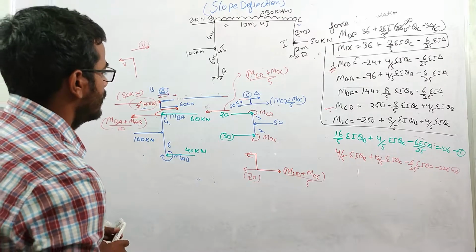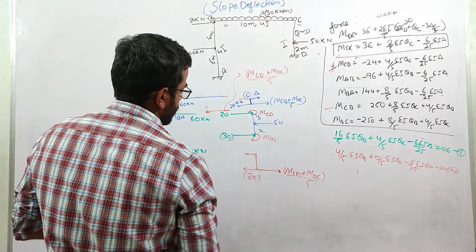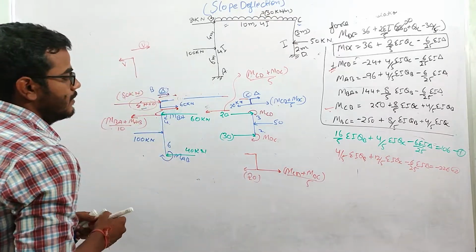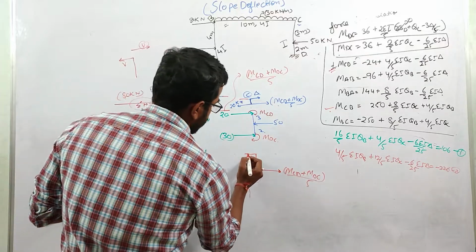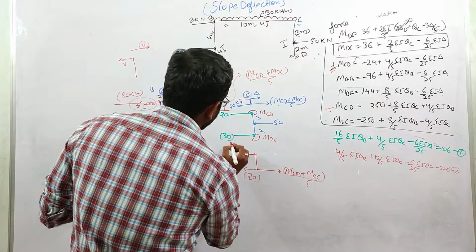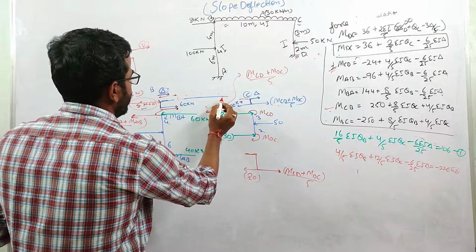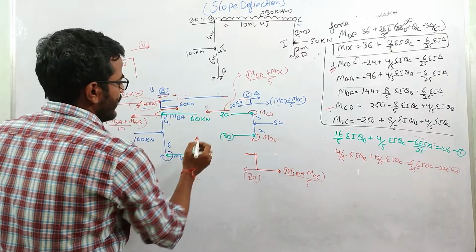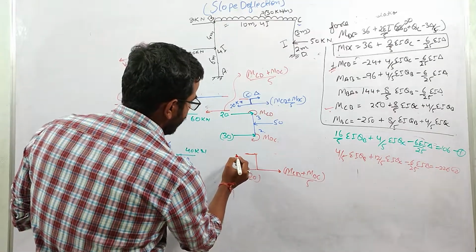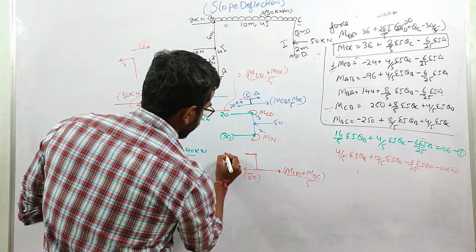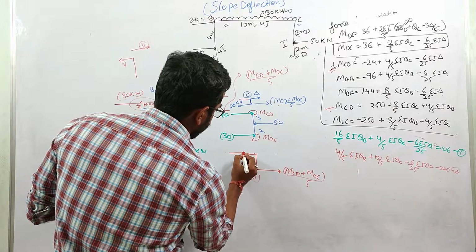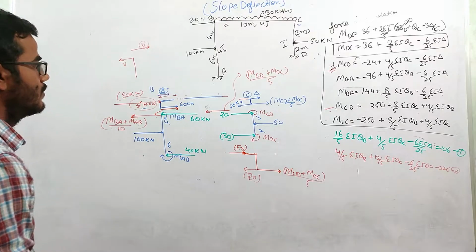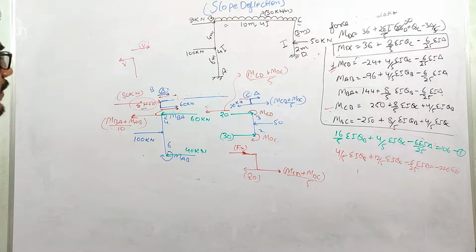There will be one force, to balance this force, let us suppose, acting like this, and let us term this as Fx on this joint.